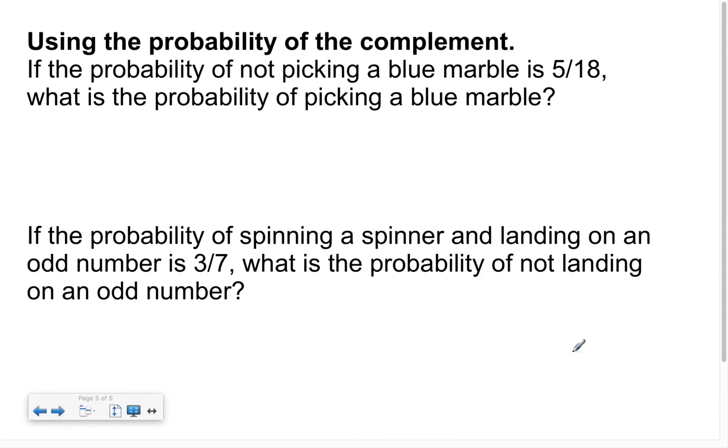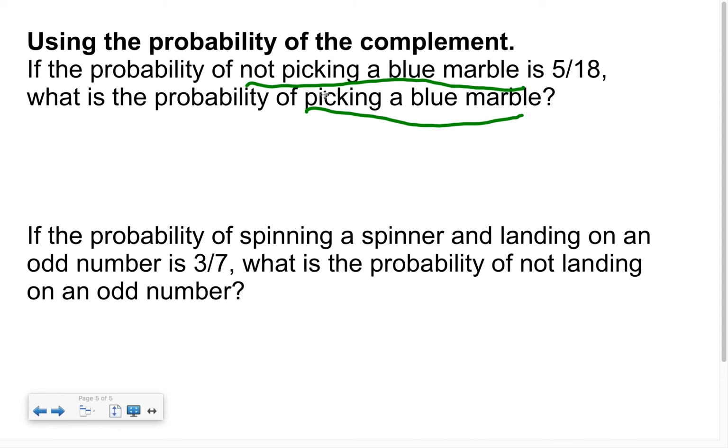Okay, so now we can use the probability of the complement to figure out different probabilities. This first problem here, it says if the probability of not picking a blue marble is 5/18, what is the probability of picking a blue marble? If not picking a blue marble is 5/18, we want to find the probability of picking a blue marble. So these are complements. If this is our event, picking a blue marble, the complement is not picking a blue marble. And what do we know about the probability of an event plus the probability of the complement?